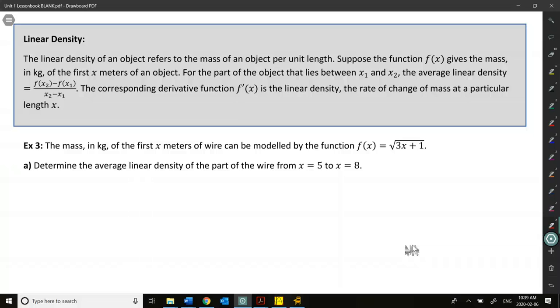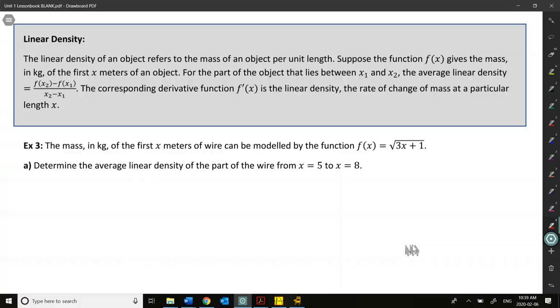For the part of the object that lies between 2 points on that object, you can find the average linear density by essentially just doing slope. So when we're looking for an average, think about the average rates of change that we calculated for advanced functions. So just like the difference between the y coordinates of the function over the difference between the x coordinates. And then the derivative of the function is actually going to tell us the actual linear density of a particular object.